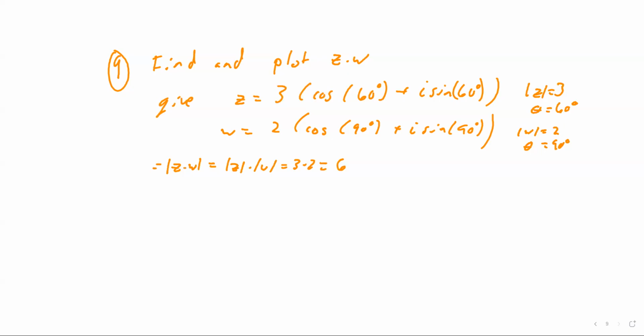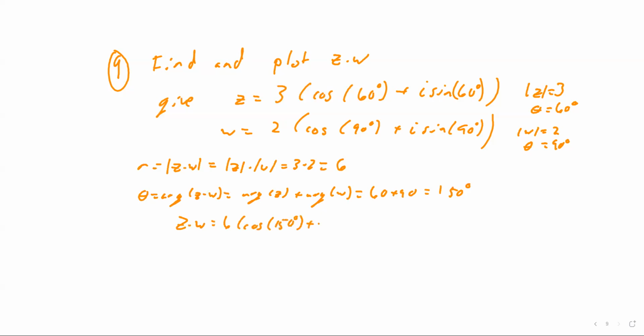That is your R. And then to find the theta, we just got to find the argument of Z times W, which we learned was the argument of Z plus the argument of W. So that would just be 60 plus 90, which is 150 degrees. So when you write this answer out, Z times W would be 6 times cosine of 150 degrees plus I sine of 150 degrees.